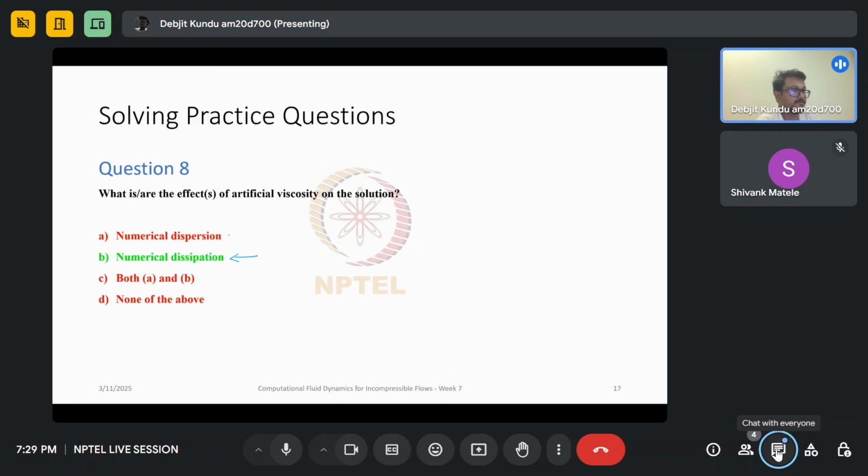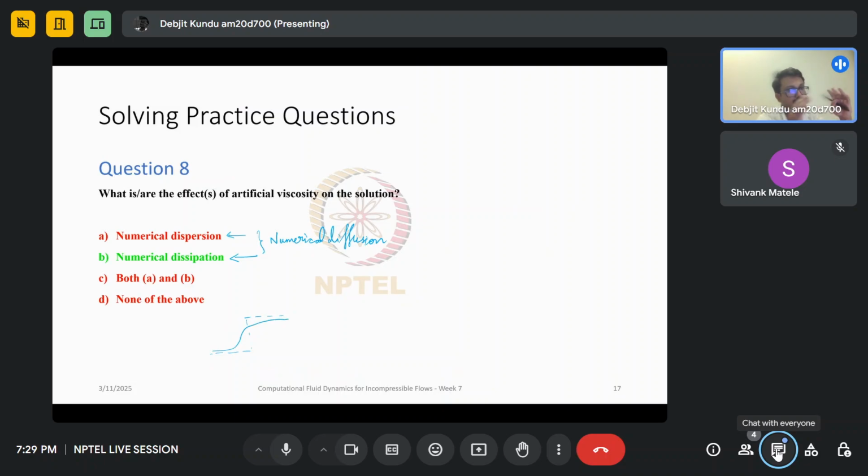So dispersion and dissipation are both sometimes together called numerical diffusion, but there are certain exact things which they mean. Dissipation basically means the solution getting smeared away. If this dotted line was the real solution, what we get is something like this.